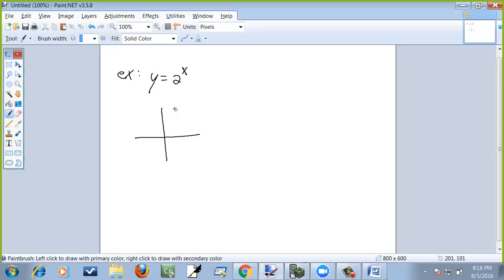It keeps going forever this way, getting really close to the x-axis, but never touching it, never crossing it. It skims it. That's actually an asymptote. And our graph looks like this.